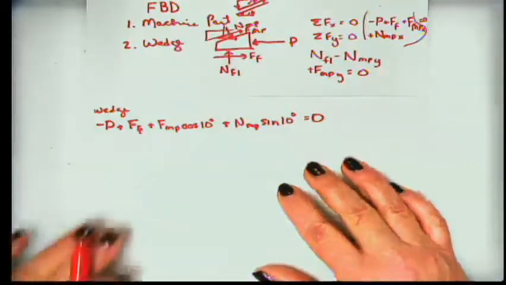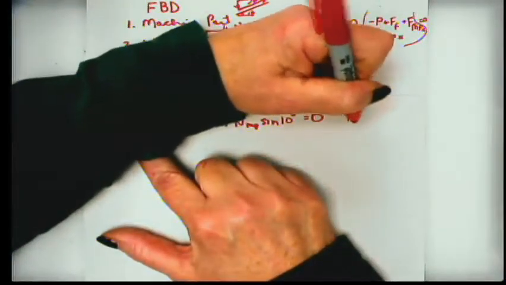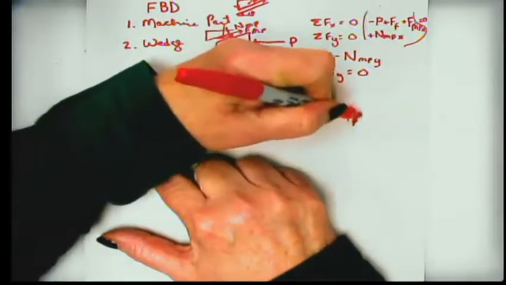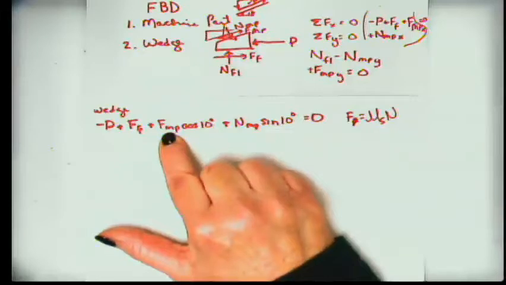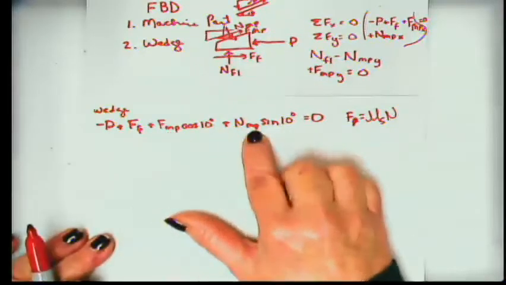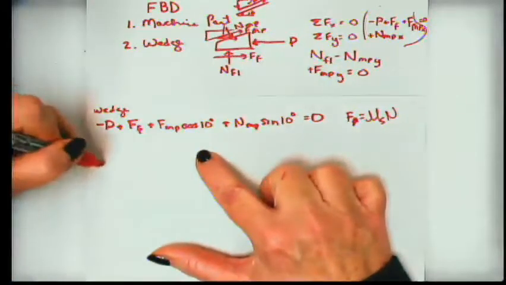All right, now the other part of it is we know that for impending motion the force of friction is equal to mu s times N. So what that means is that when we have frictional things, we can write them in terms of that normal force, and it'll just eliminate one of our variables.